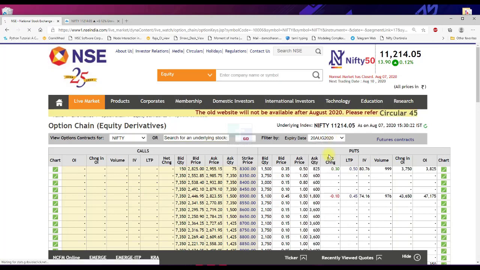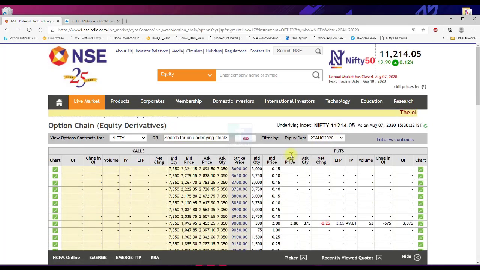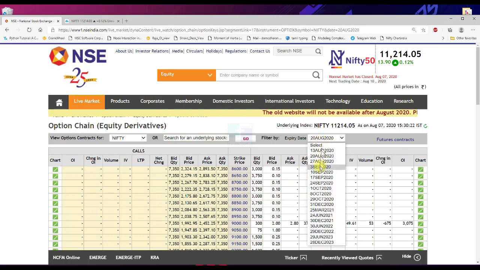If I select 20th, then whatever is going to expire on 20th August. Till that date I can hold these options and futures for that expiry date. Like this, many expiry dates will be there. These are the weekly ones, and the end of the month is the monthly. So you can trade monthly or weekly.